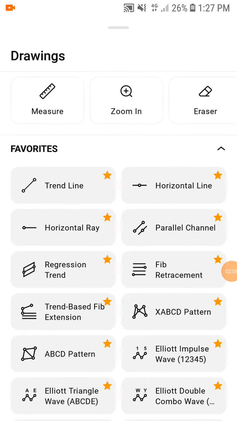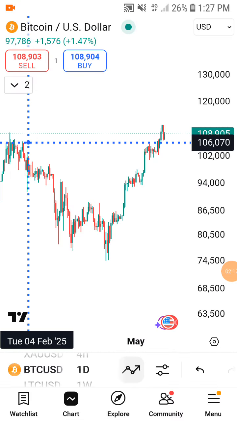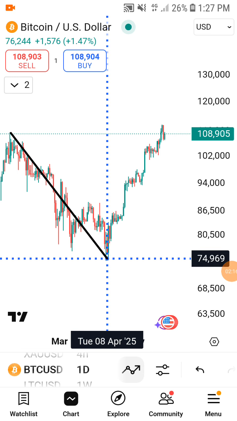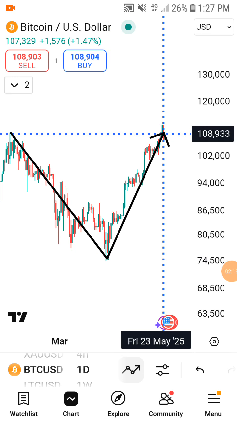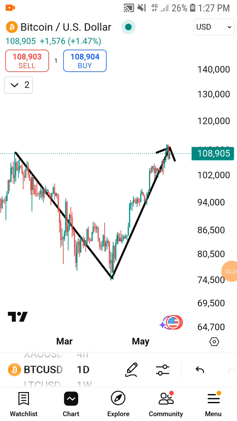This is our previous trend, and this is our current trend.